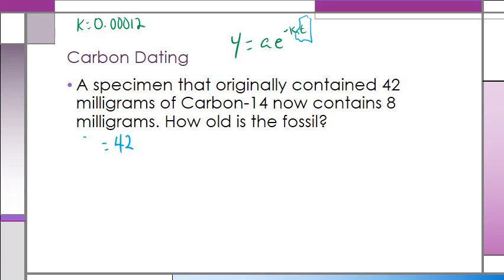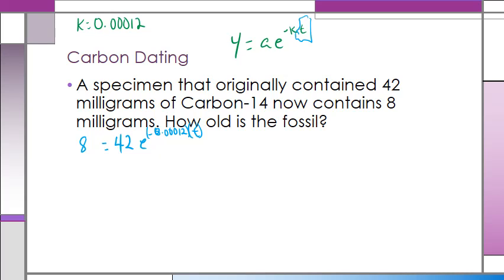And we now have 8 milligrams, so we substitute that in for Y. So we got 8 equals 42 E raised to the power of negative 0.00012 for K, and T is the variable we're going to solve for.